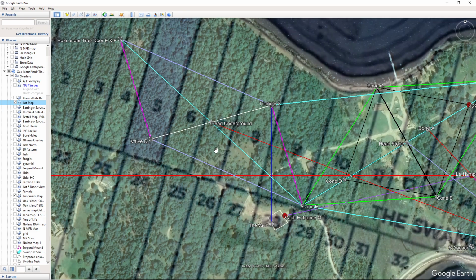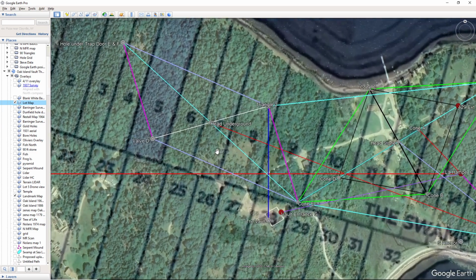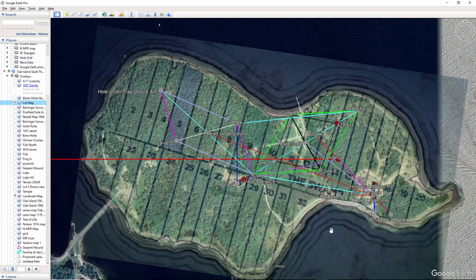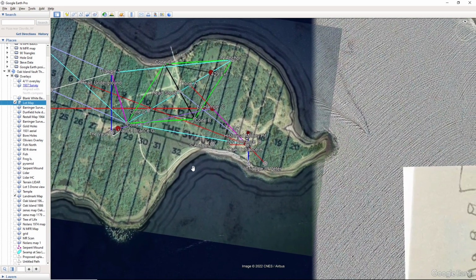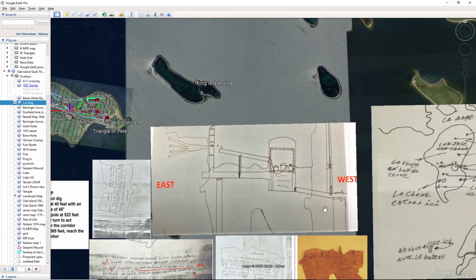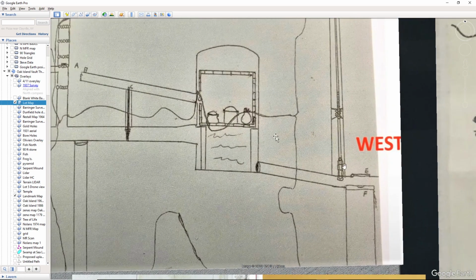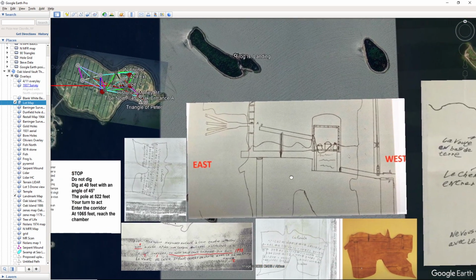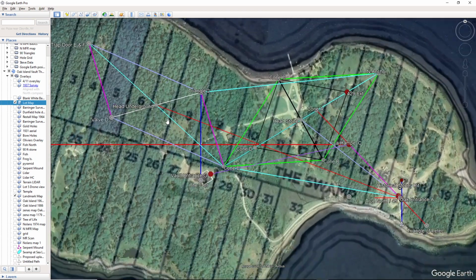So it could be possible that the entry to access the hole under the trapdoor in the valve, which is on our map, here's the valve and the hole under the trapdoor to let the water out, to divert the water away, would be on lot 7 right here. All right.